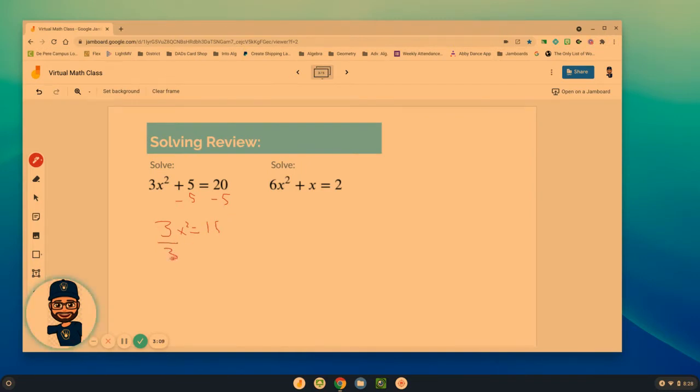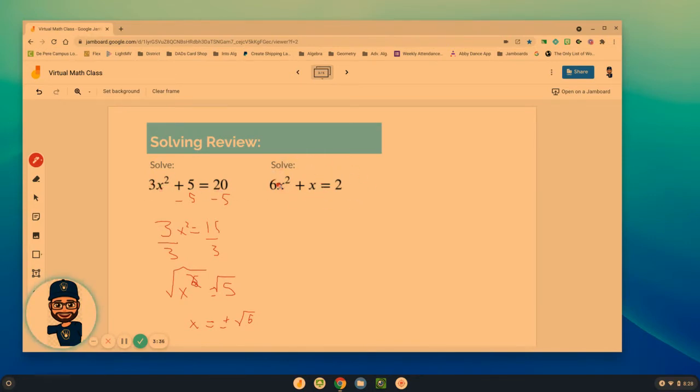When we divide by 3, we'll have x squared equals 5. So x squared is 5, so we can take the square root of both sides. And when we're solving, that's when we want both the positive and negative square root of 5. So it's relatively similar to what we were doing when we only have one variable.